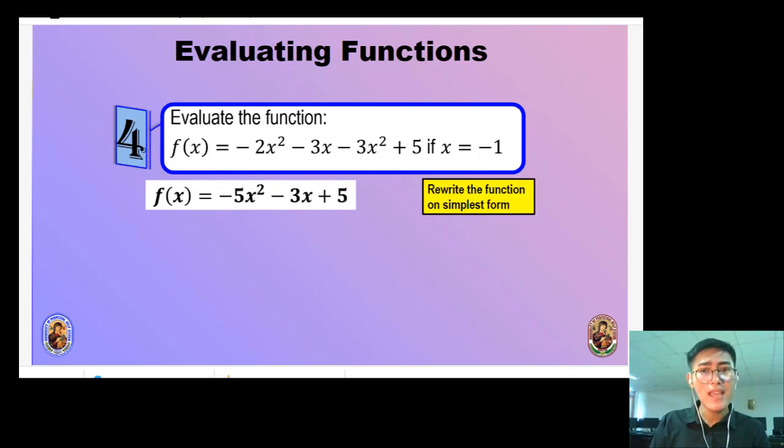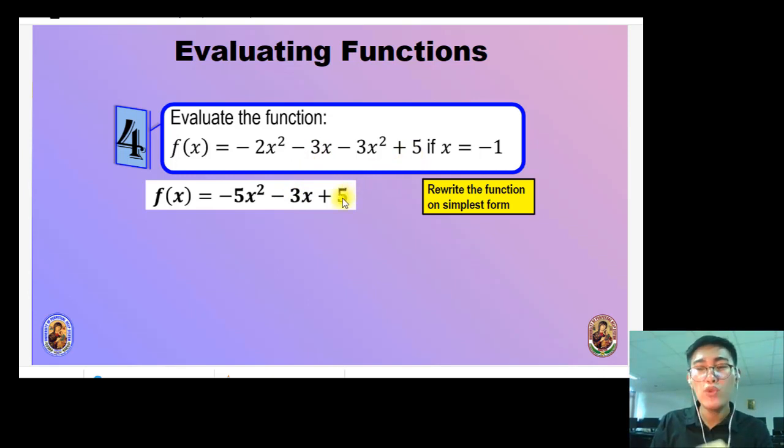So we just rewrite them into a simpler function and combine the values which are like terms. We will get negative 2x squared minus 3x squared, those are like terms, we will get negative 5x squared. And the remaining terms which are unlike, you can just drag them down. That is negative 3x and positive 5.